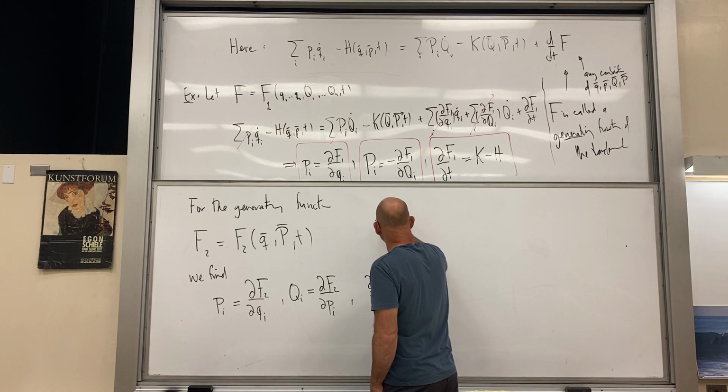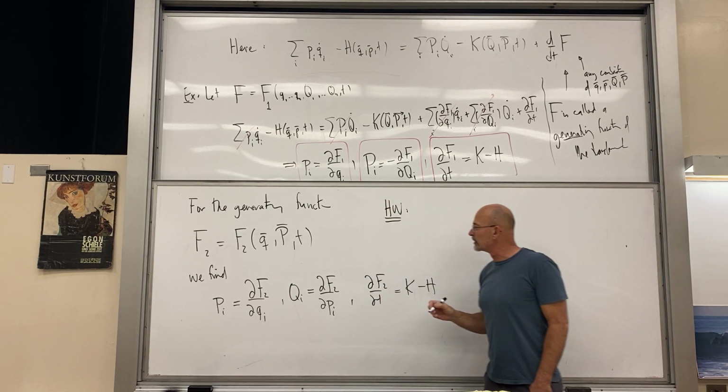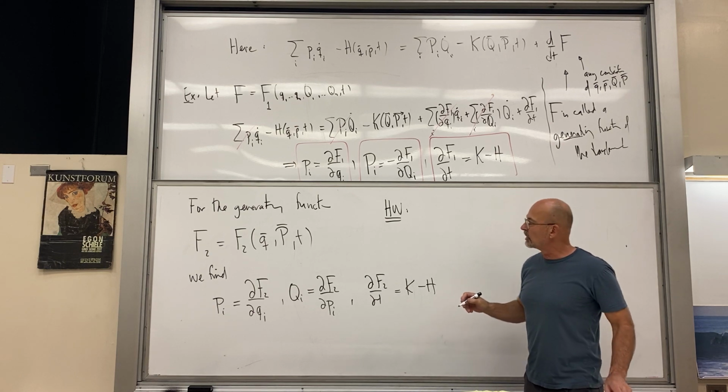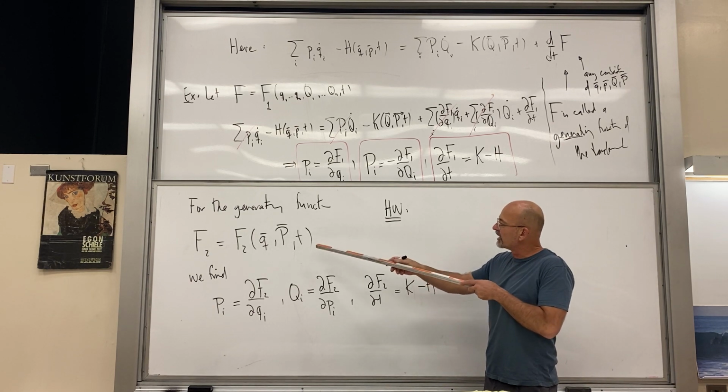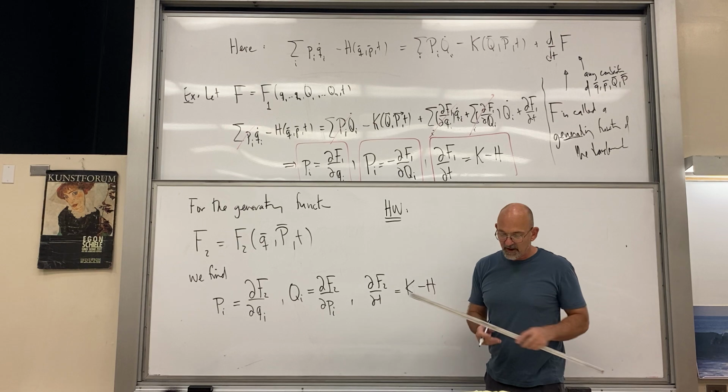Call this a homework problem. This is a good one to go through, and you have to do a Legendre transformation on this actually in order to make it work.